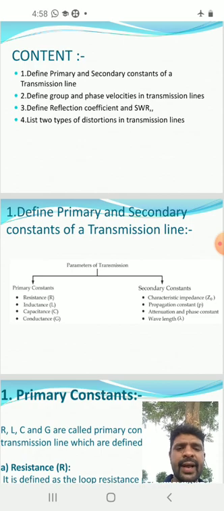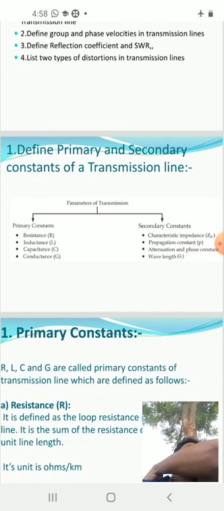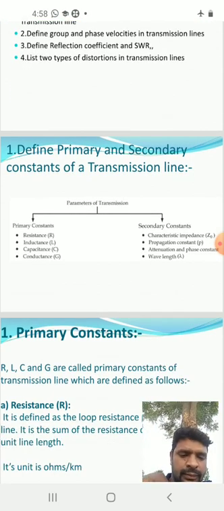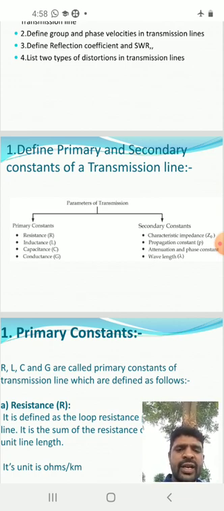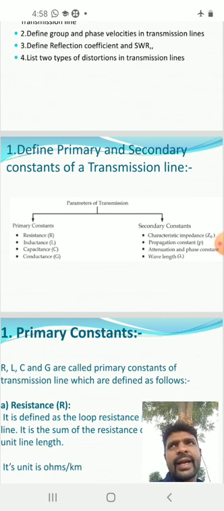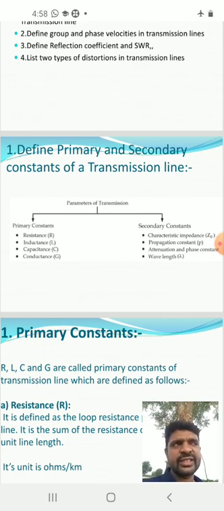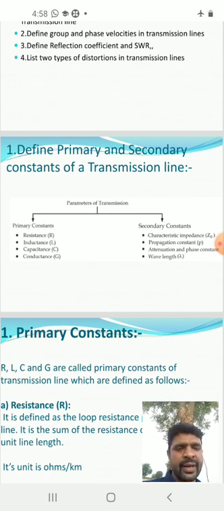First one, primary and secondary constants of a transmission line. In a transmission line, resistance, inductance, capacitance and conductance are the primary constants.